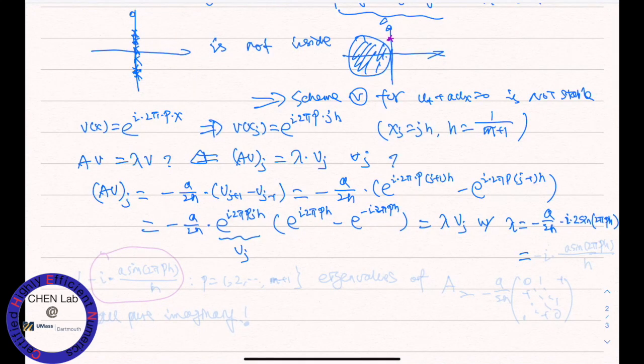We cancel the 2 with the 2 and the negative i, and we have a sine of 2 pi ph divided by h.